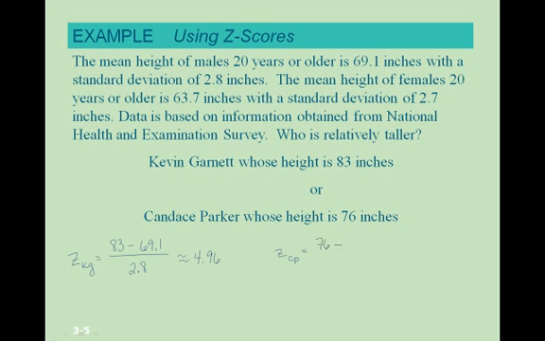We'll subtract then the mean height for females, which is 63.7, and we divide that by the standard deviation for females, which was 2.7. And we see that then we get a z-score for her of 4.56. So Kevin's height is 4.96 standard deviations above the mean, and Candace's height is 4.56 standard deviations above the mean. So Kevin Garnett is relatively taller.